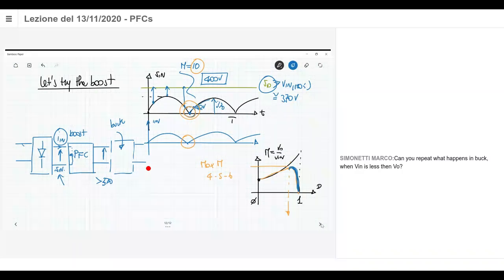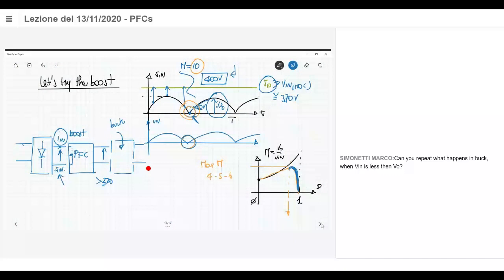But if you are adopting a boost designed for very high power, say 360 volt as an input and operating at a maximum of 400 volt as output voltage, then in the situation in which the current is very low and the voltage is very low, you are using an over-designed boost.